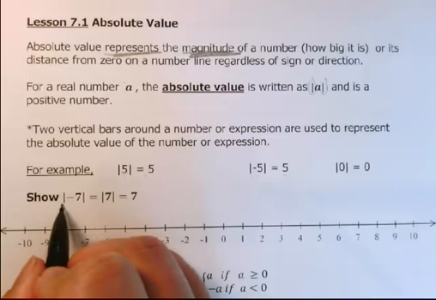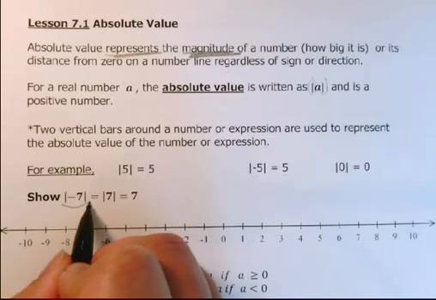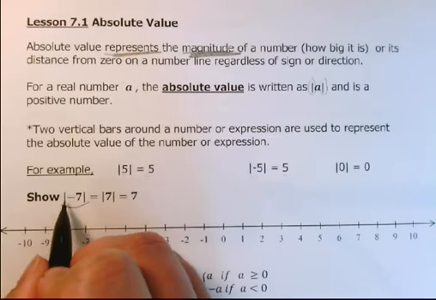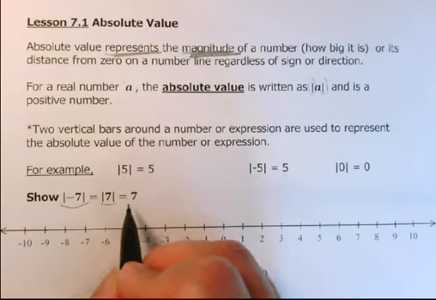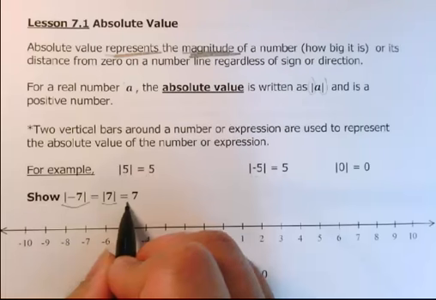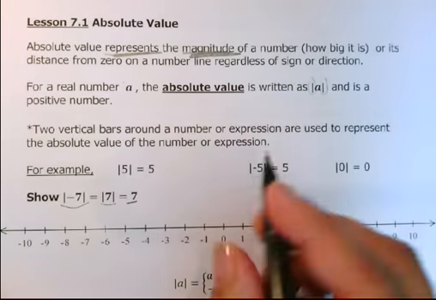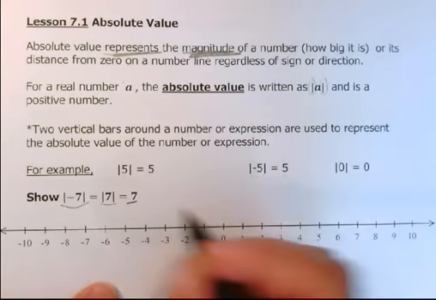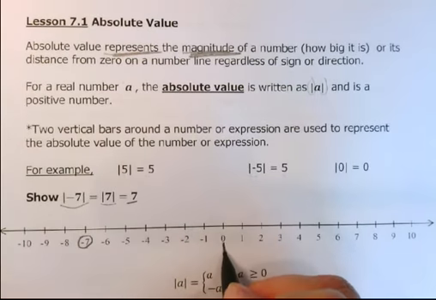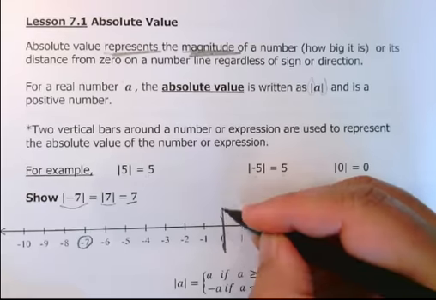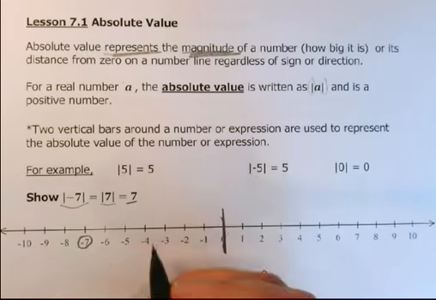So let's show here in this one that the absolute value of negative 7 is the same as the absolute value of 7, and that equals 7. What we're looking at is how far away negative 7 is from the 0 on a number line. So that's right here. How far away is it from the 0?